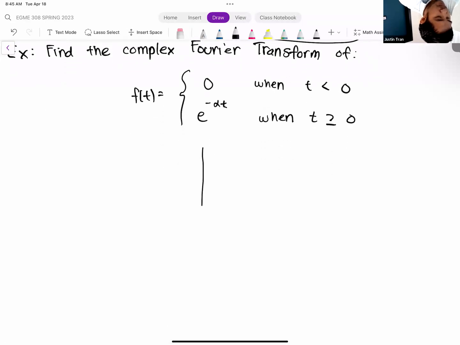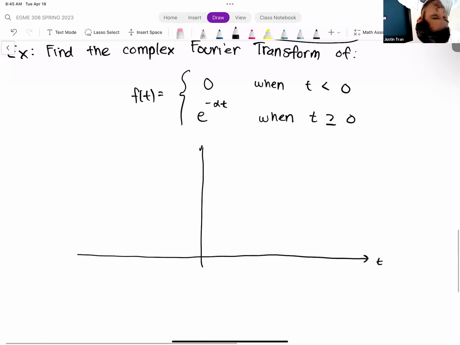And so visually it looks something like this. From t equals minus infinity to 0, f of t is going to be just 0, just like this. Then when t is greater than or equal to 0, we're going to jump up.